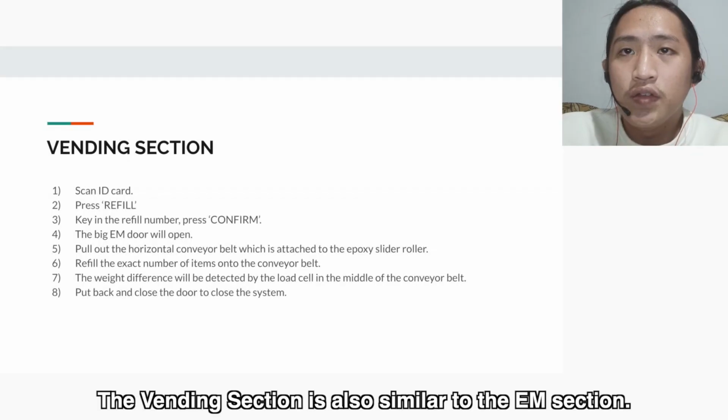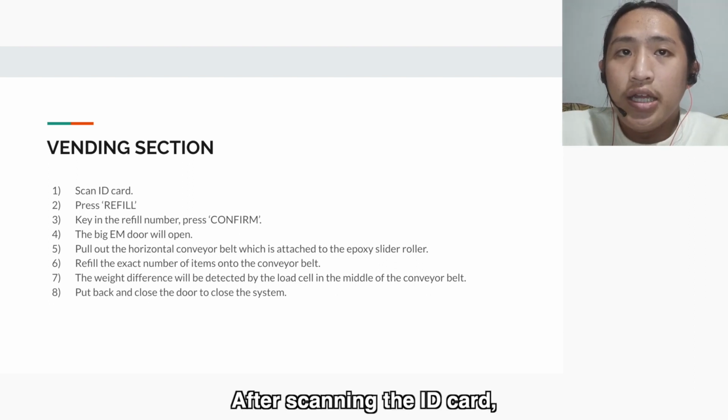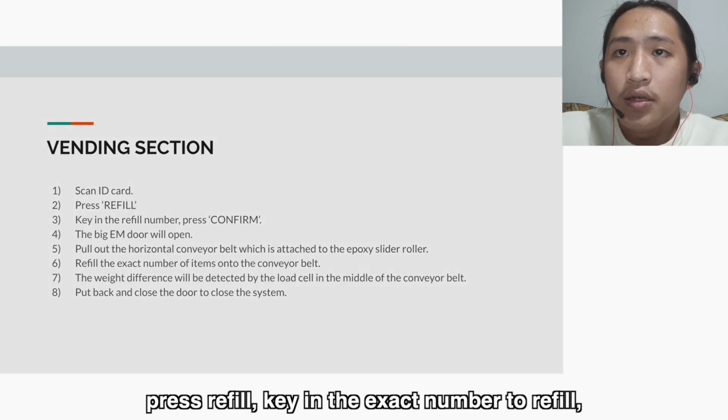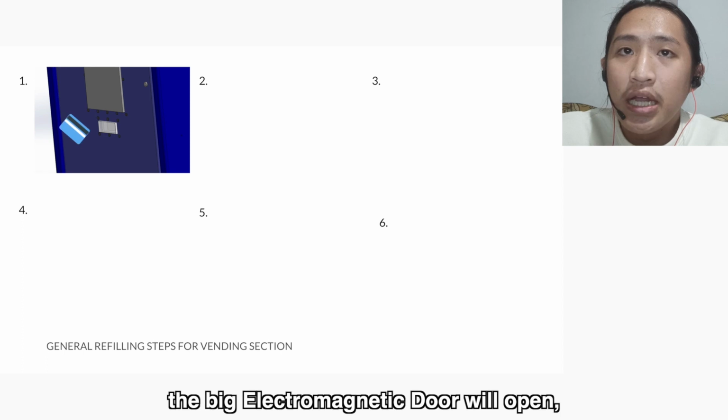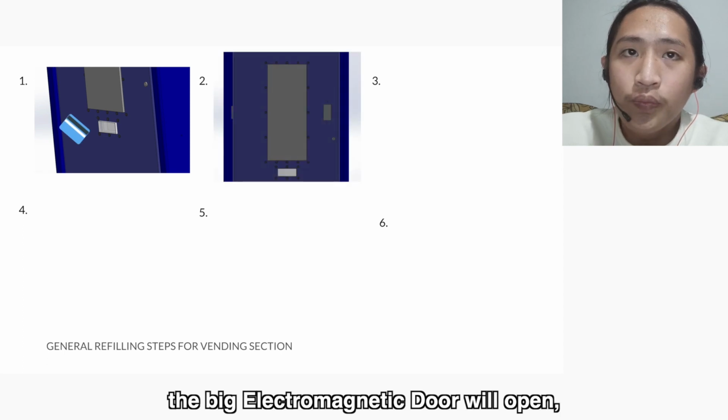The vending section is also similar to the EM section. After scanning the ID card, press refill, key in the exact number to refill, and then the big electromagnetic door will open also.